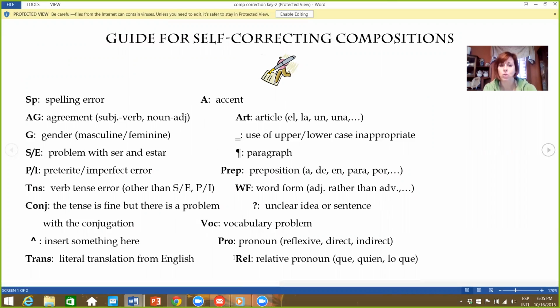And that was one of the most common errors. I mean, the agreement errors and spelling errors, well, not very many spelling, but agreement, gender errors, those kinds of errors I expected to see. The relative pronoun errors, I'm actually really happy to see, because what that means is you don't see relative pronoun errors in writing that is really, really basic.